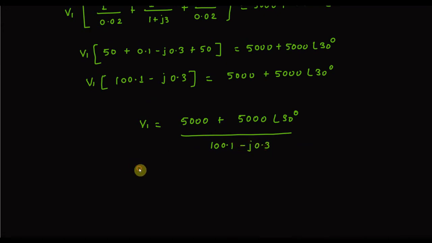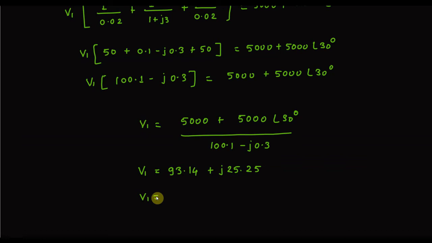Now simply we will solve this equation in the calculator. This comes out to be 93.14 plus j 25.25.